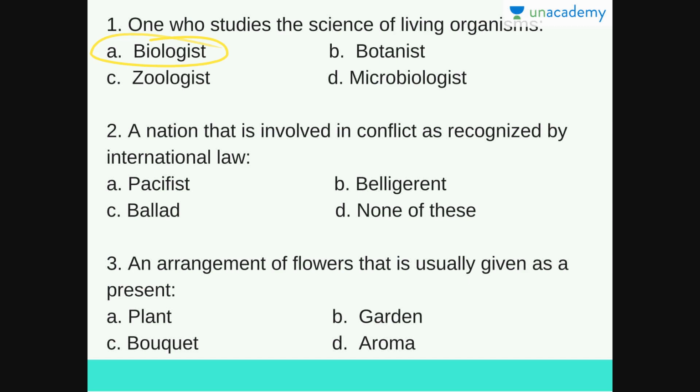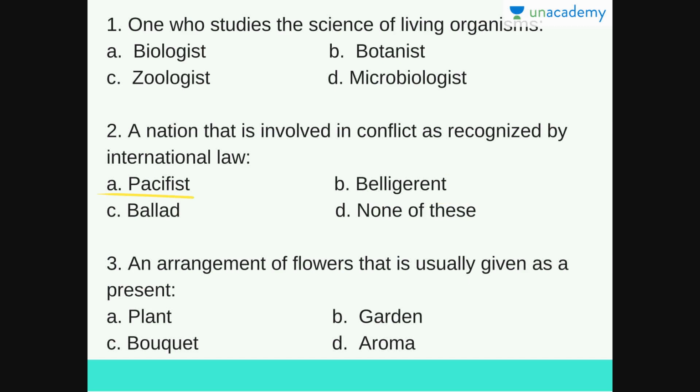So, who studies the science of living organisms? Our answer is biologist. Next question is a nation that is involved in conflict as recognized by international law. Let's look at the options: pacifist, belligerent, ballad, and none of these. The answer is B, belligerent, which is a nation or a person that is involved in conflict, and if it's a country, then as recognized by the standards of international law.